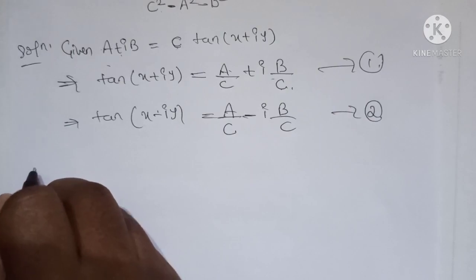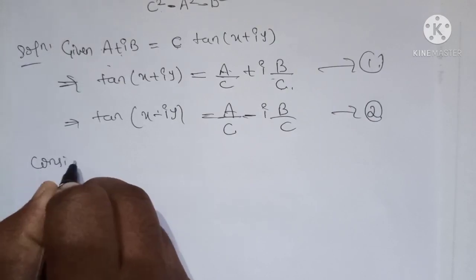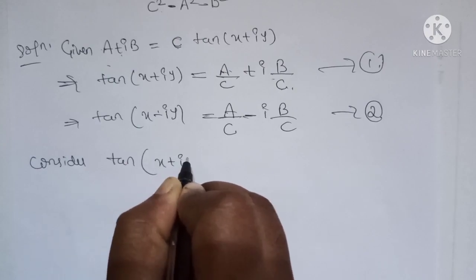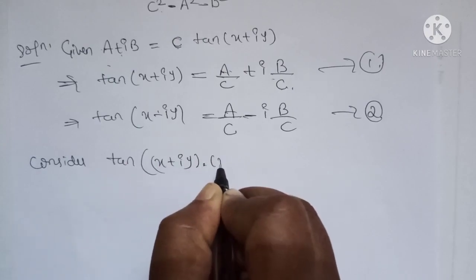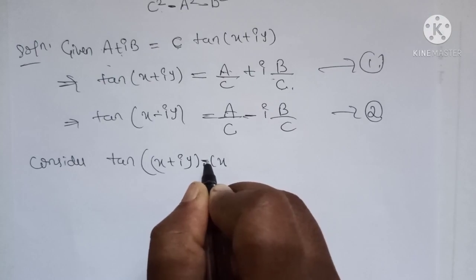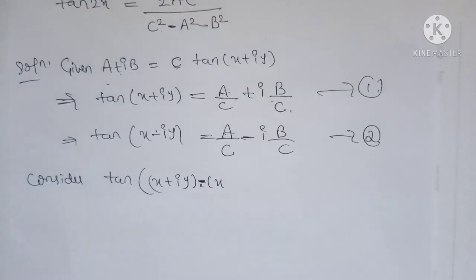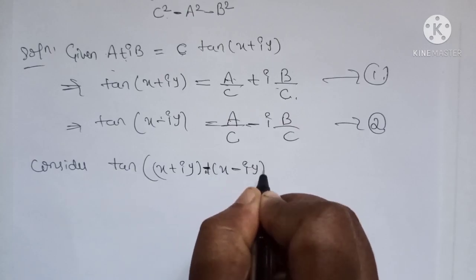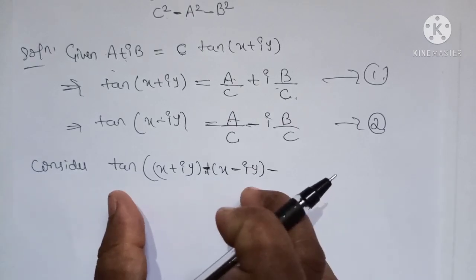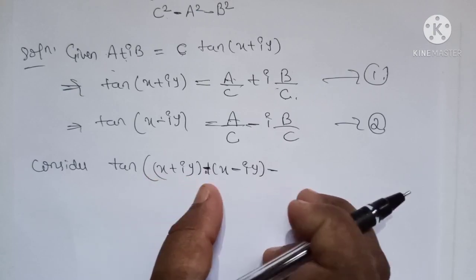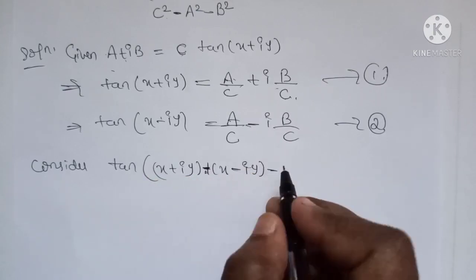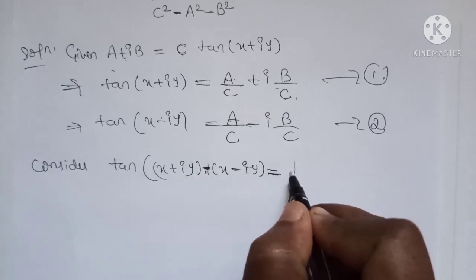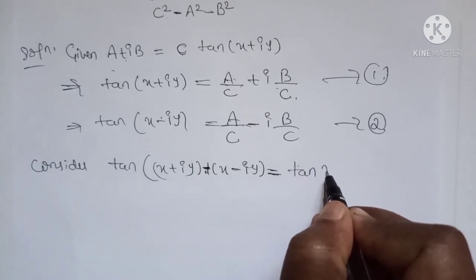Now consider tan(x + iy) plus tan(x − iy). Here if I consider tan(x + iy) and tan(x − iy), the +iy and −iy get cancelled, we get tan 2x, right?